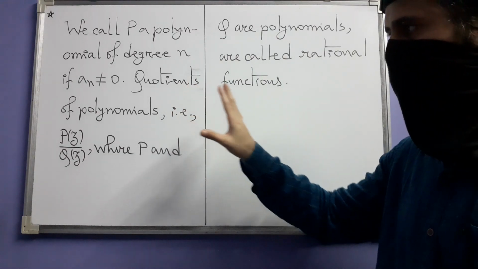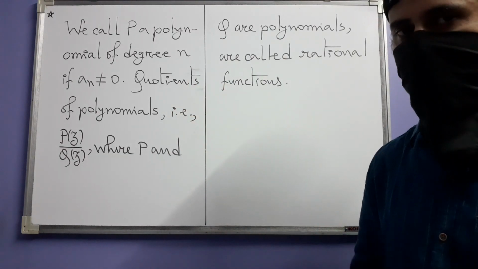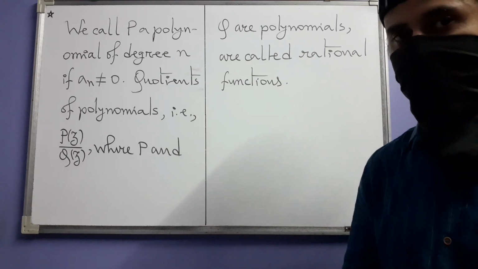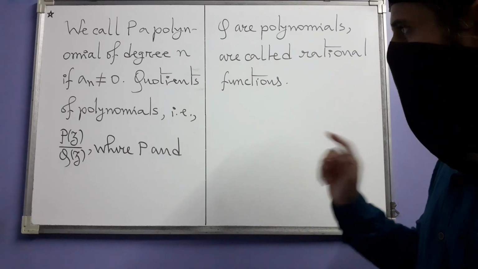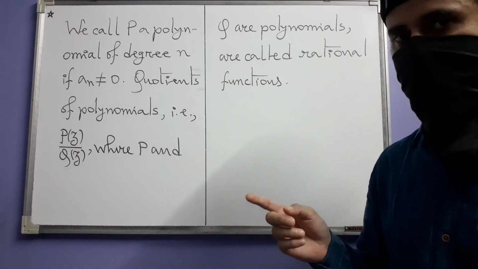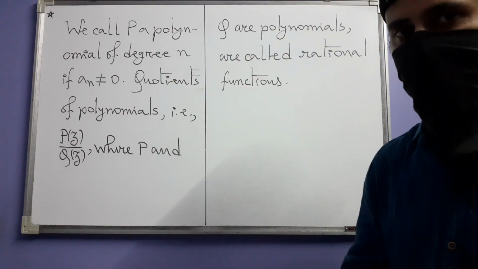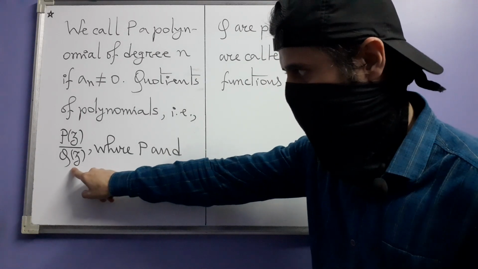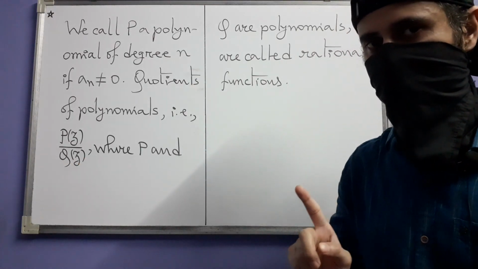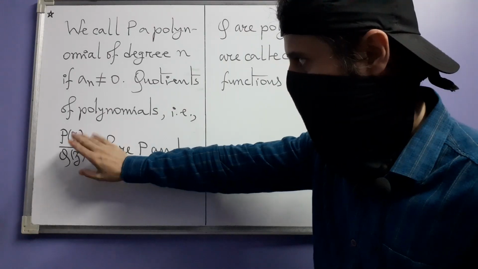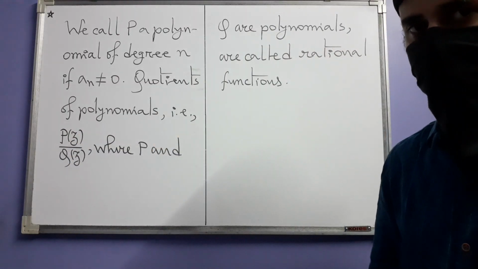Just like the class of polynomial functions has infinitely many functions, the class of rational functions also has infinitely many functions. Note one more thing, that the class of polynomial functions is contained in the class of rational functions, because you can choose this denominator to be the constant polynomial 1. Then this rational function just becomes the polynomial function p of z.